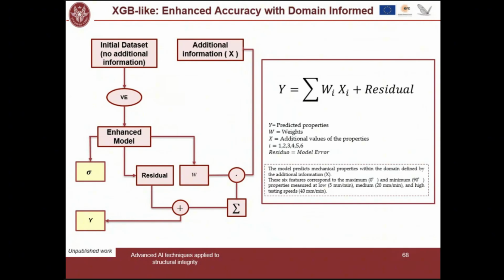Of course, we have also thought about some residual information that the neural networks could predict if the mechanical properties were outside the additional information that we have extracted. But essentially the problem has become a lot simpler, because now the model has some domain information.